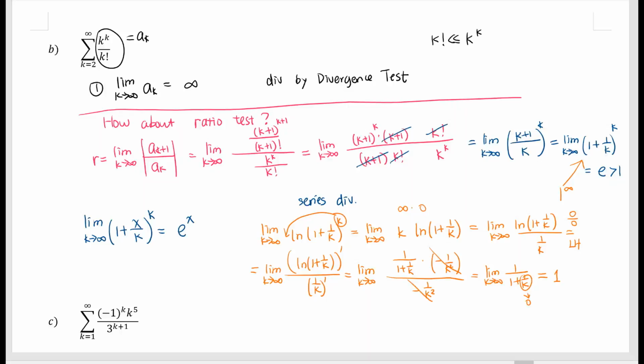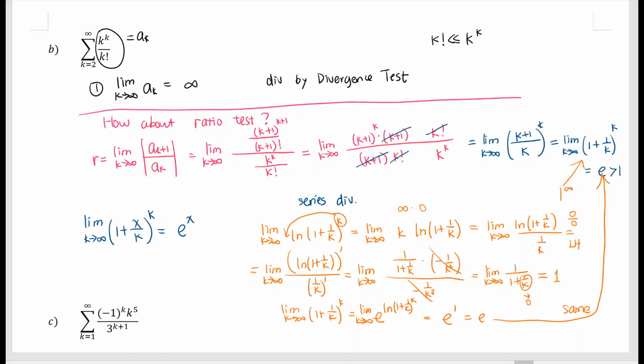Okay, so that's why the limit of 1 plus 1 over k to the k is like e to the ln of that. But we know ln of that is 1, so this is like e to the 1, so that is e. So you can see it's the same answer. Okay.